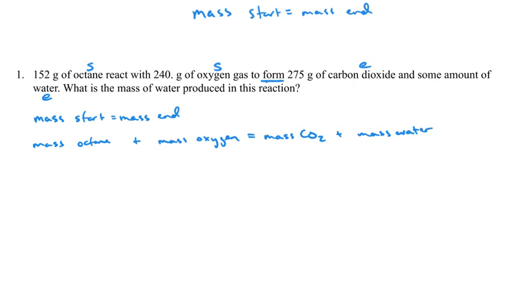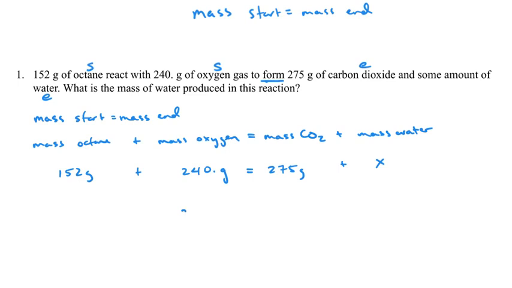And then we're just basically making a simple algebra problem. Mass of octane is 152 grams, plus mass of oxygen, which is 240 grams, don't forget that decimal point, that is important, equals the mass of carbon dioxide, 275 grams, plus the mass of water. Well, I don't know that. That's, right, your variable x.